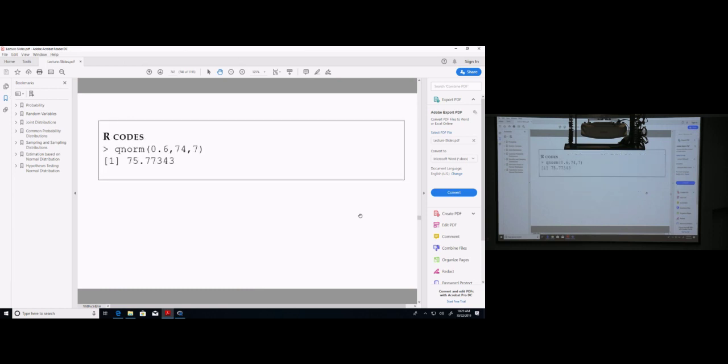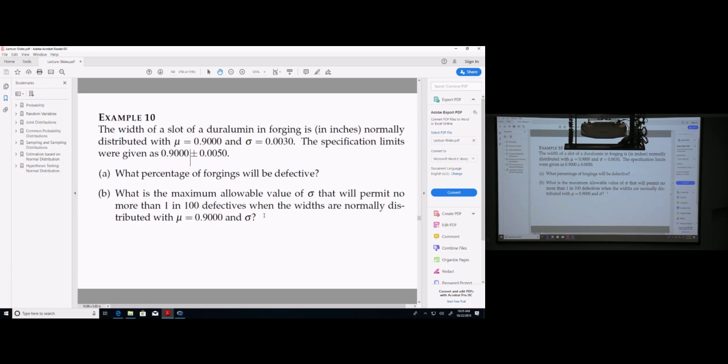Okay. So the normalization part is not necessary, and you save quite a bit of work by doing this. The width of a slot in this casting is normally distributed with this mean and this standard deviation. The specification limits were given to be plus or minus 0.005.